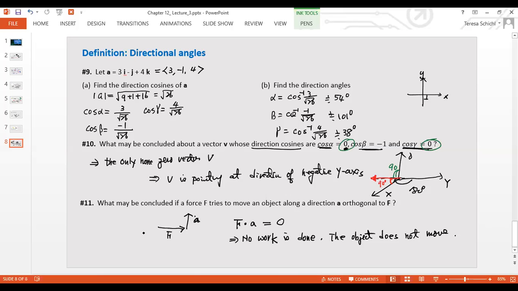That means if you have a vector in R3, you'll be able to see what direction this vector points to, because it's the angle between the vector and the x-axis, y-axis, and z-axis. That's it. That is our lecture number 3. It's a little bit longer lecture than the others, so that's why we break it into two videos.